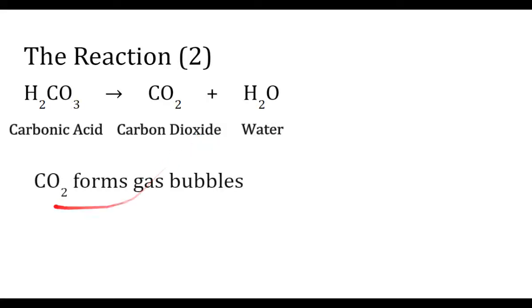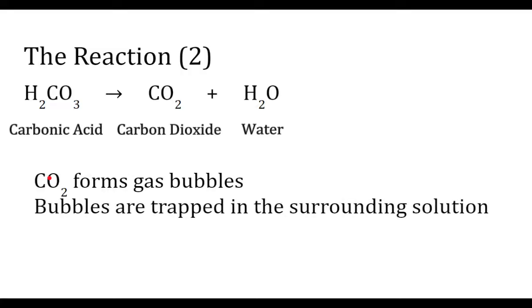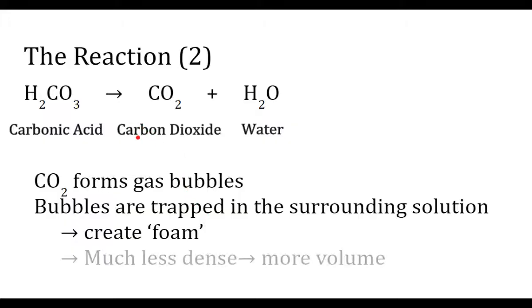And so what basically happens after this is that CO2 forms gas bubbles. And those bubbles get trapped in the surrounding solution. And so that's why we get the foam when we mix our baking soda and vinegar, because we're making tons and tons of CO2, and it just forms all over the place and gets trapped in the bubbles, and that makes the foam.